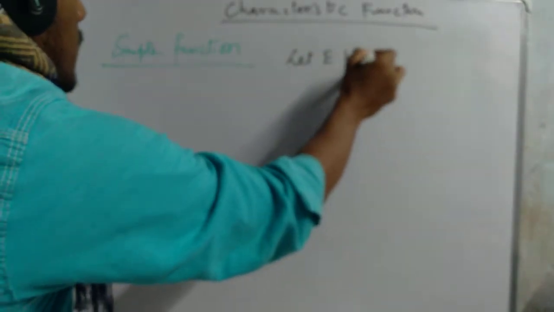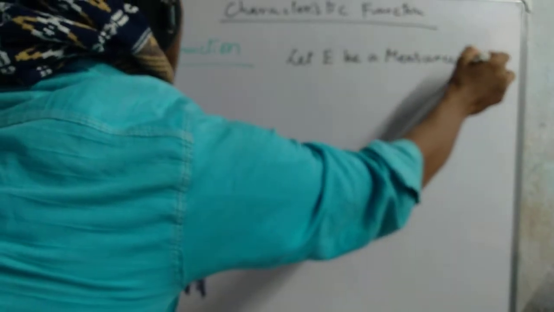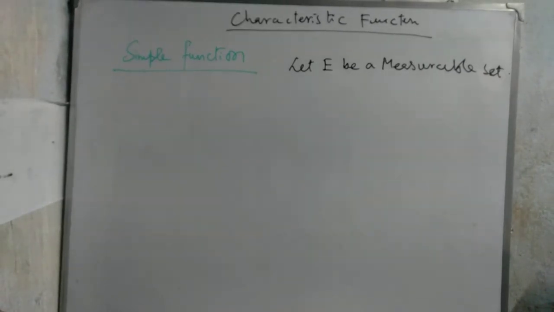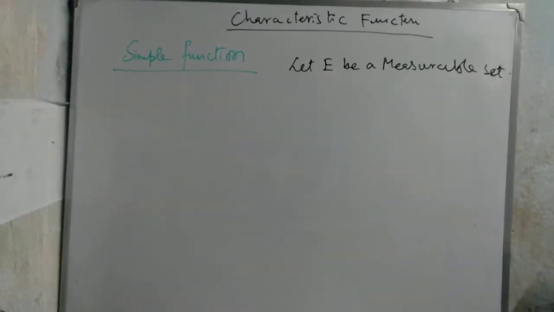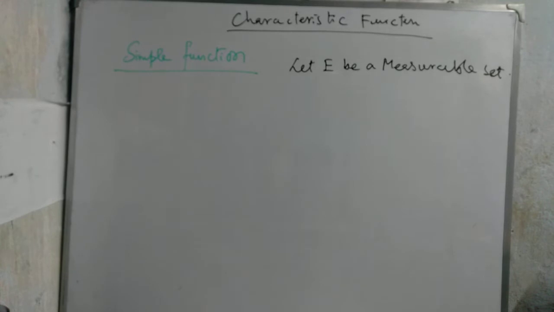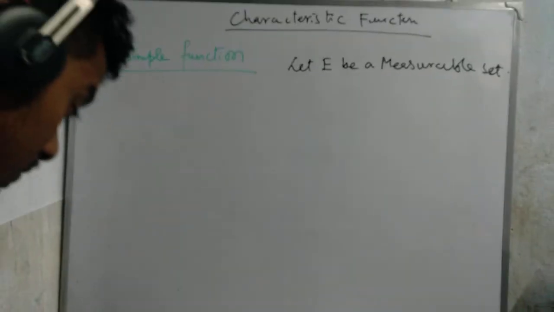Let E be a measurable set. Then what happens?